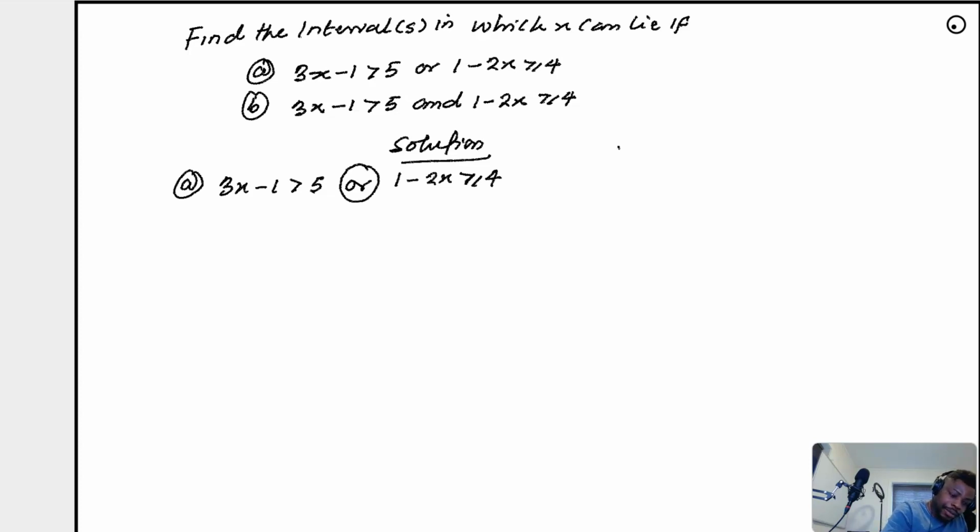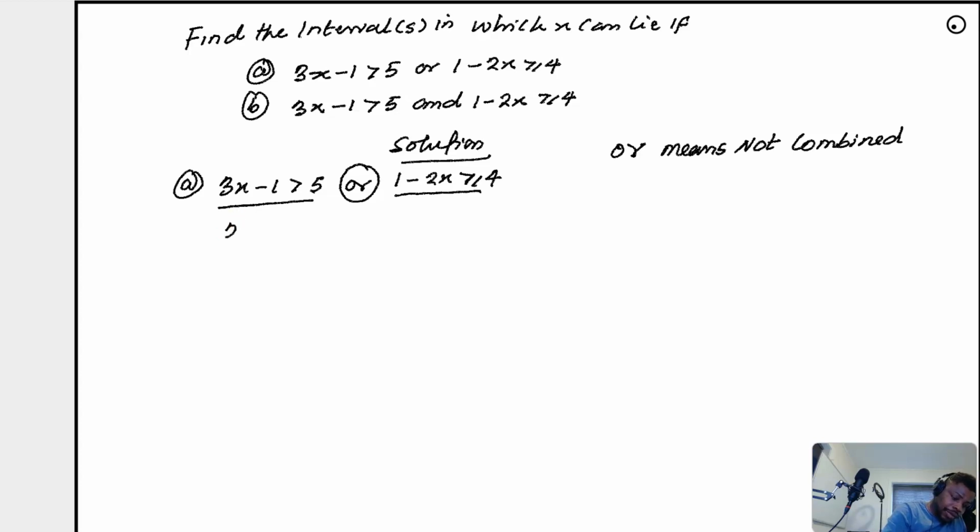Or means not combined. Not combined simply means the value of x that satisfies this linear inequality and this linear inequality is not combined. So that is what we are interested in, not combined.